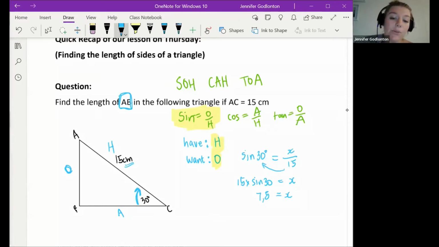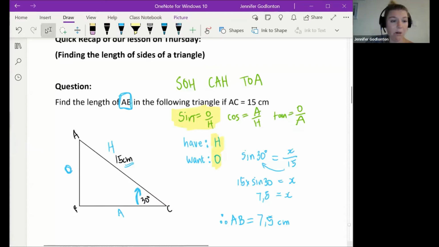Our question also used centimeters. If they didn't use centimeters, then we could say units. But we're going to say our final answer is AB is equal to 7.5 centimeters. And that's our whole situation. That's it.